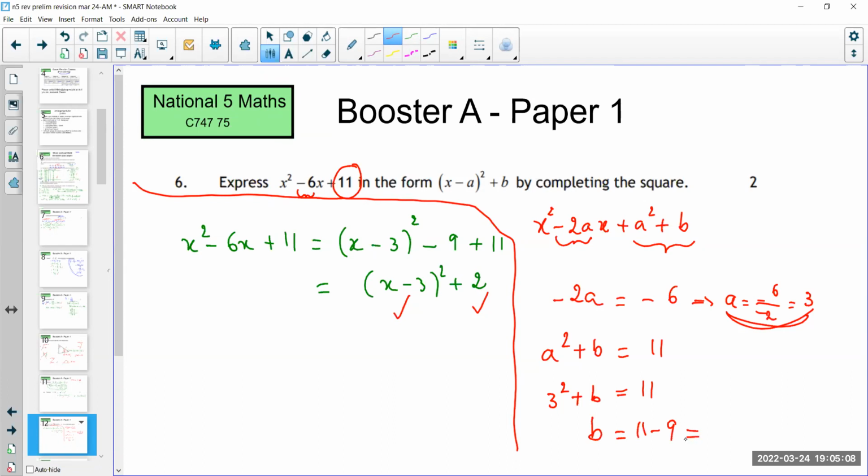And what is 11 minus 9? 2. That's exactly what we did here. 11 minus 9 was my 2. And a is that 3 there. And you can rewrite this as x minus 3 squared plus 2.